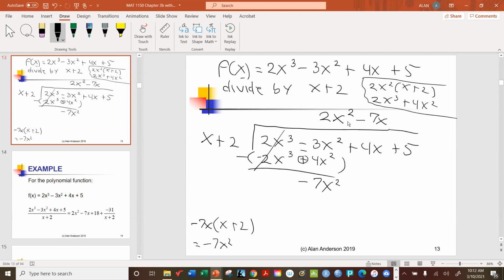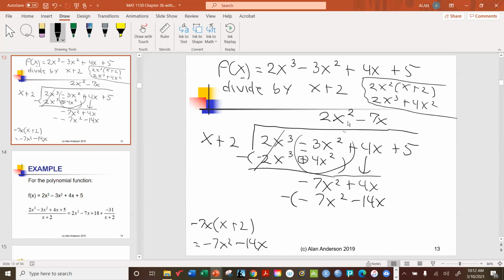Oh, I almost forgot one detail. When you bring this down, this one comes with it. This difference is negative 7x squared, but then we need to bring down this term so that we have two terms. So when I multiply negative 7x times this, I get negative 7x squared minus 14x, which comes over here.